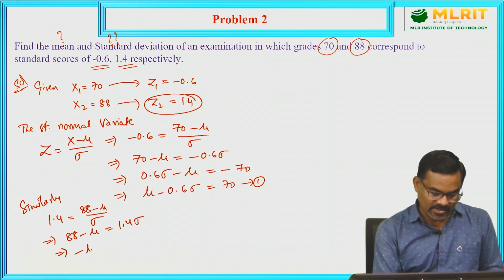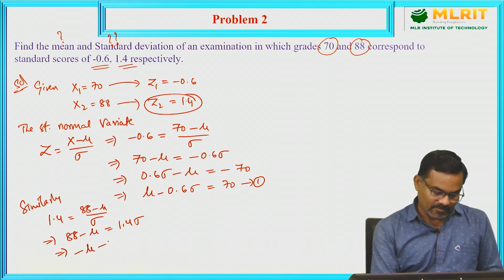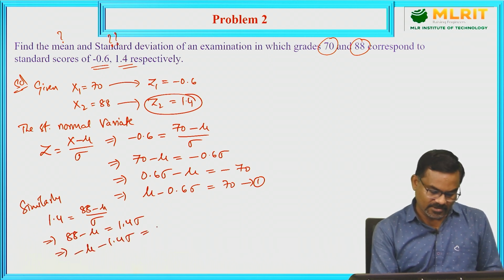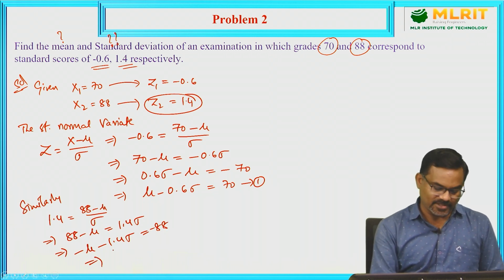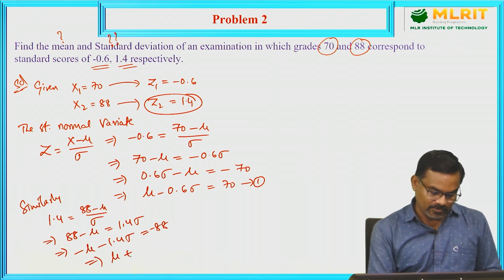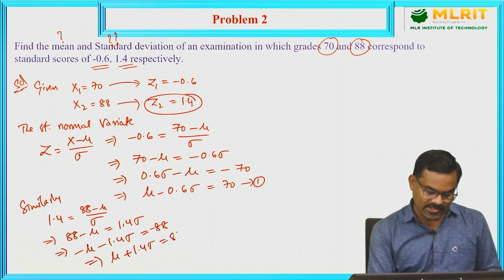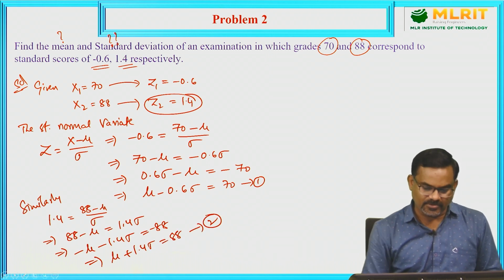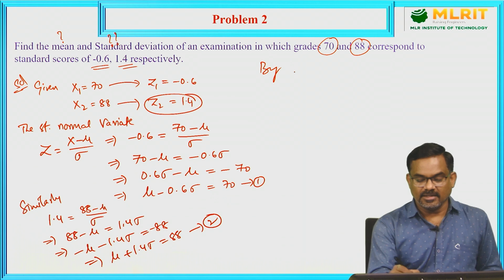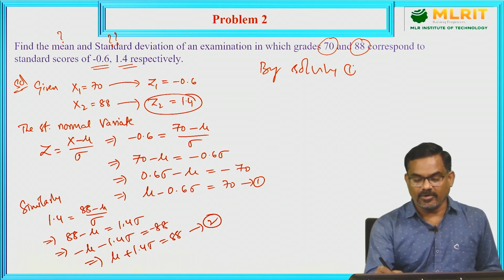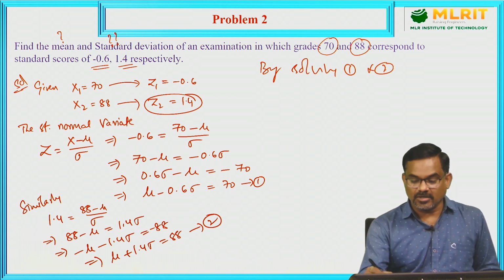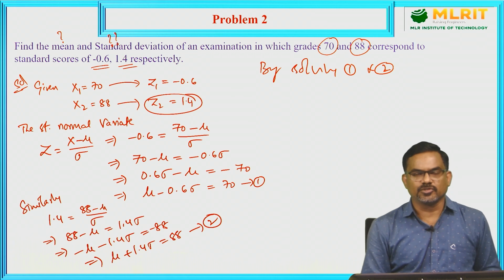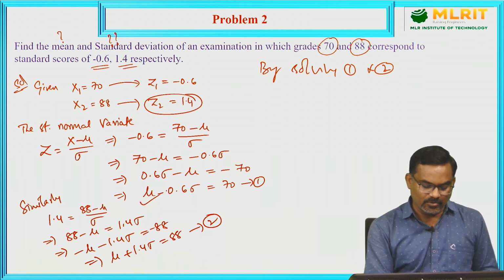So mu plus 1.4 sigma is 88. This is equation number 2. By solving 1 and 2, because they are a system of two equations in two unknowns, where the unknowns are mu and sigma.